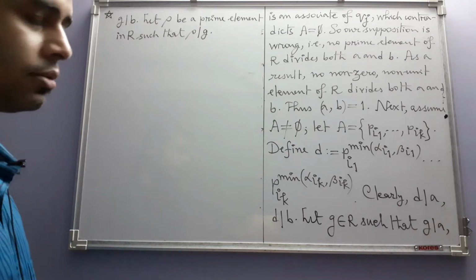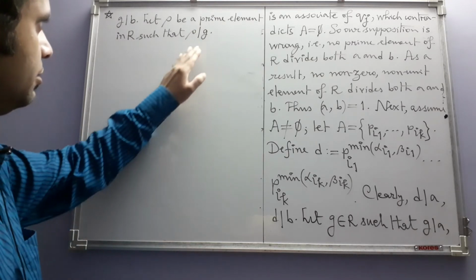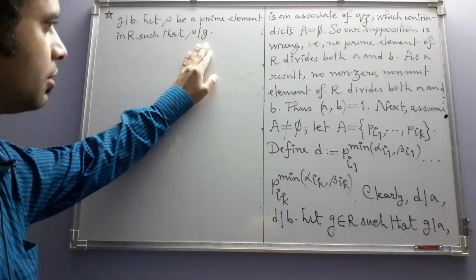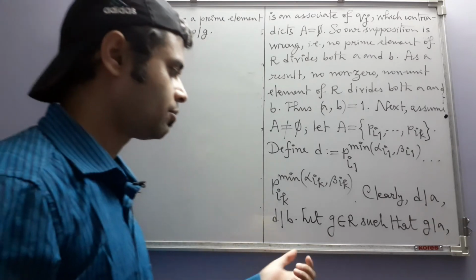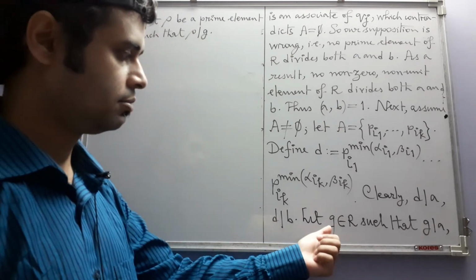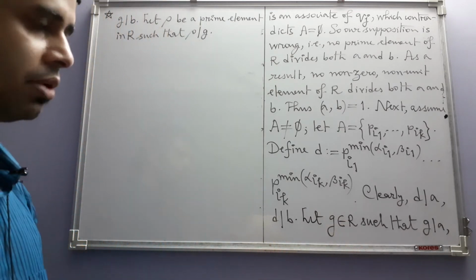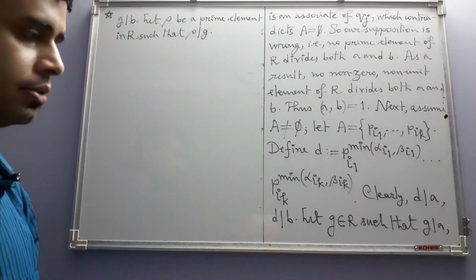Okay, such a rho will exist only when G is a non-unit in R. Of course, when we are going to take an arbitrary G in R, we will take units as well as non-units.